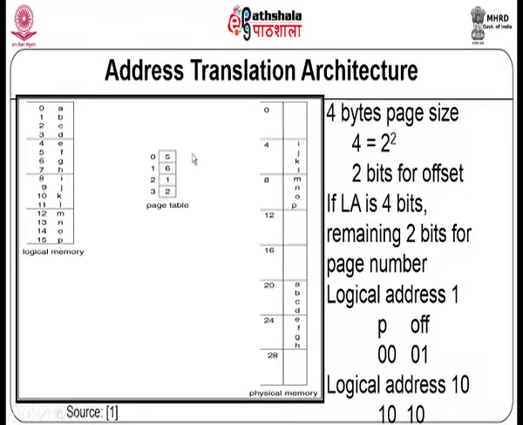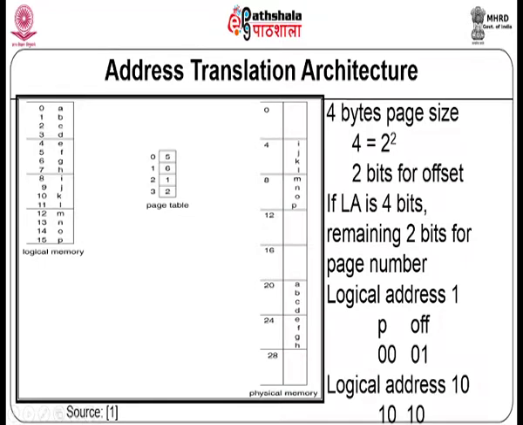So 5 into 4 is 20, that is the starting of frame address 20, and to this 20 you add the offset, that is 1. So, 21. The 21st location in the physical memory has B, which corresponds to logical address 1.